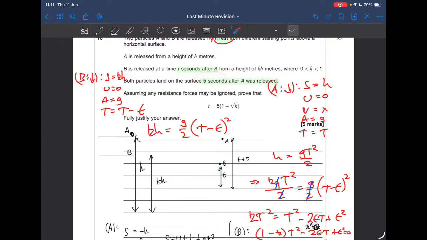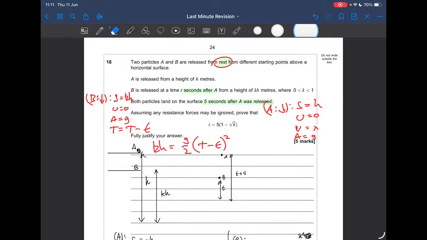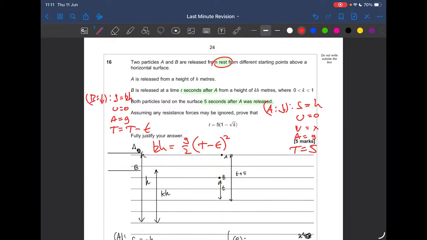Oh, 5 seconds after. Okay, I've overcomplicated this. Let me go back. So let's say 2 seconds after A was released. Okay, yeah, so T is 5. T is 5 this side. So s equals ut plus a half at squared, so 12g on 5.